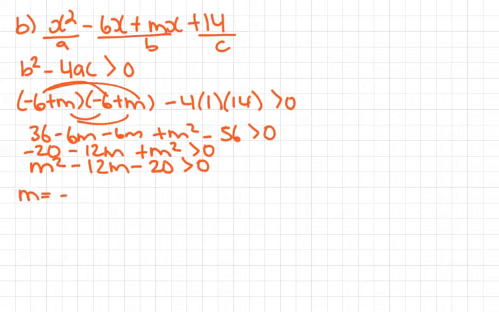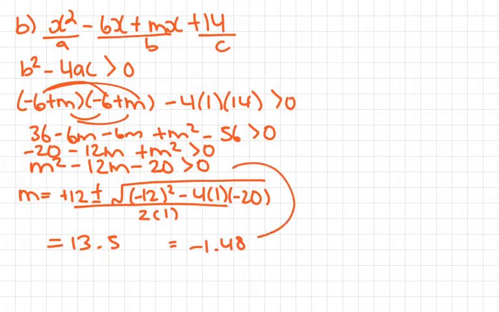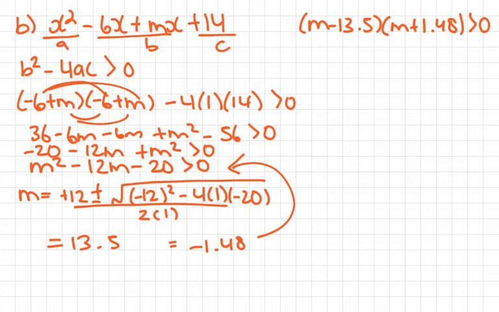So m equals negative negative 12, so it's positive 12, plus or minus the square root of negative 12 squared minus 4 times 1 times negative 20, divided by 2 times 1. And when I work through that, my solutions are 13.5 and negative 1.48. So now, if I go back to this step here, and this was factored, it would be m minus 13.5 and m plus 1.48 is greater than 0.